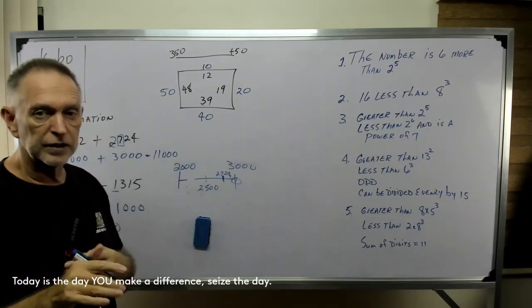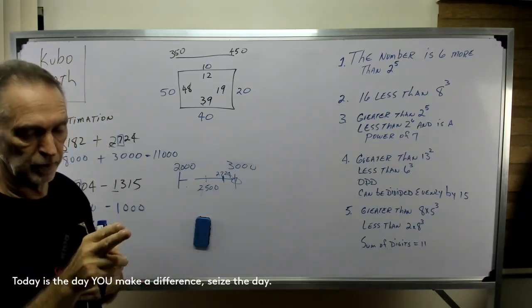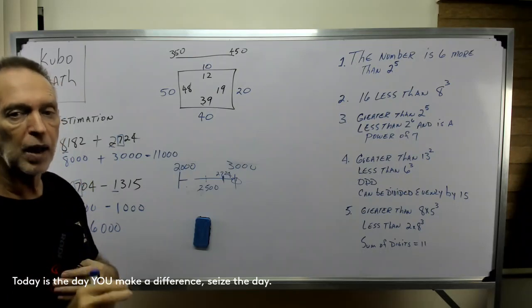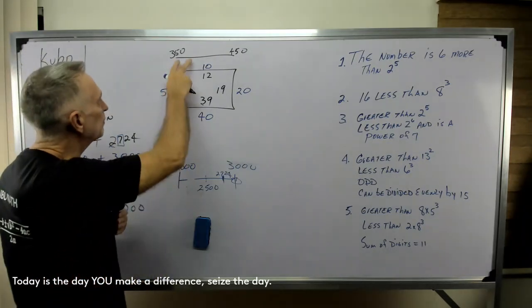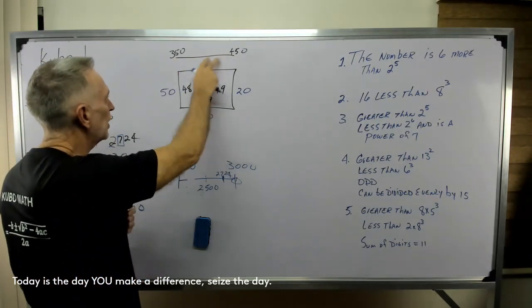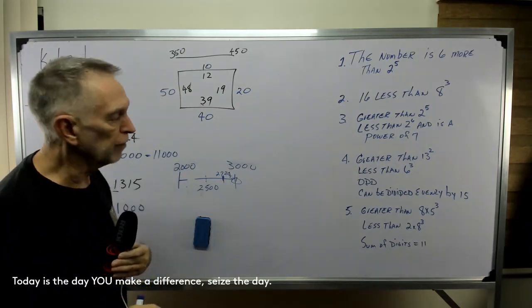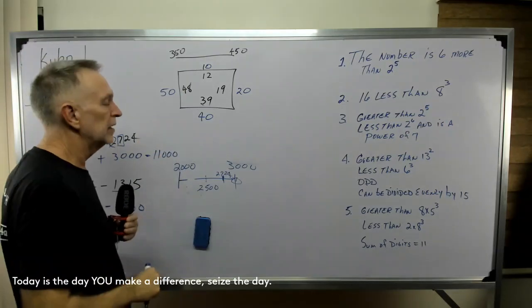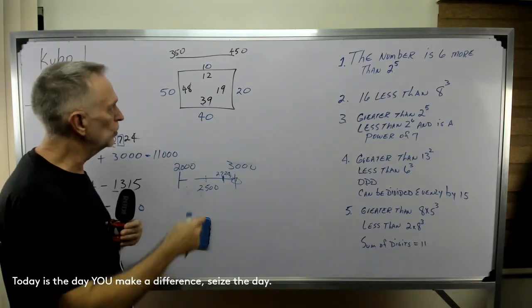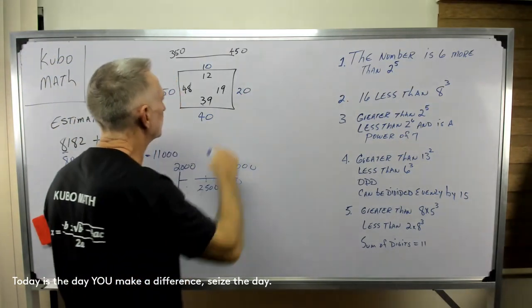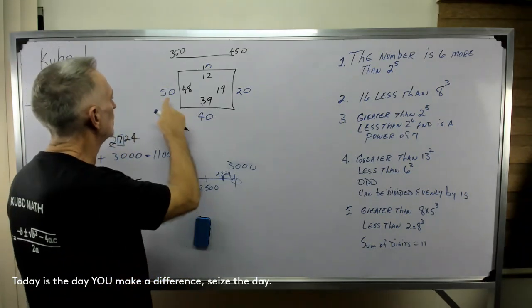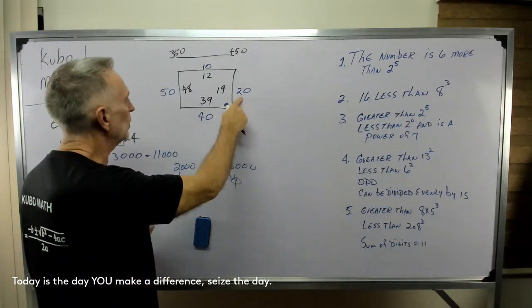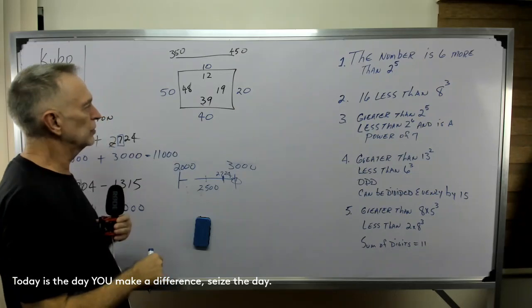The question is, what two numbers can I multiply together to give me a product between 350 and 450? Well, 10 times 50 is 500. Whoops, that number is over here. Well, 50 times 20 is 1,000.